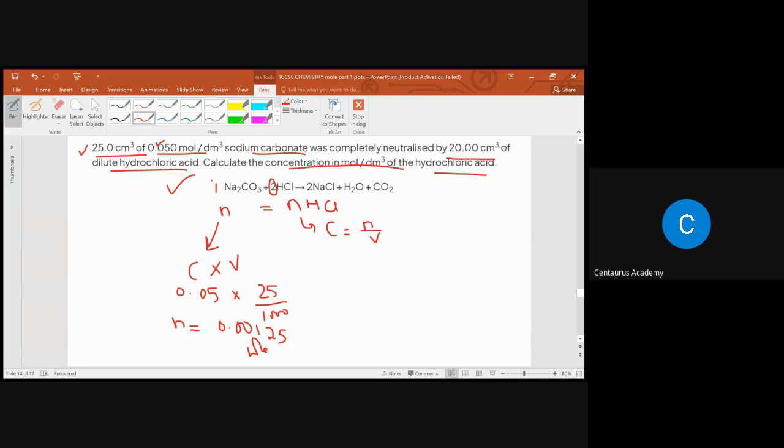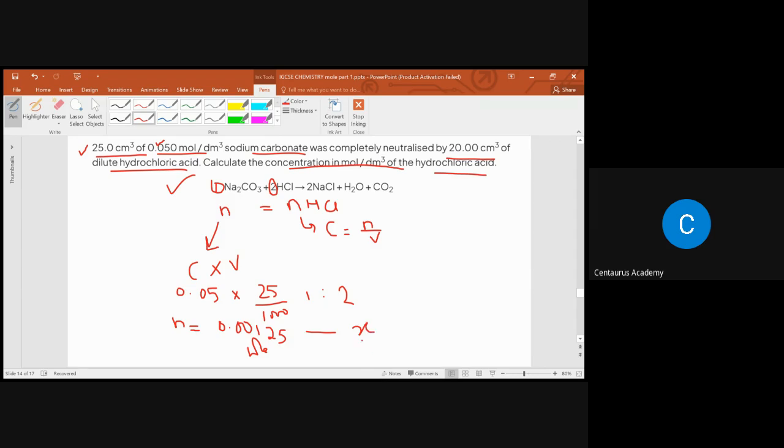So the molar ratio is 1:2. This means 1 mole of sodium carbonate reacts with 2 moles of hydrochloric acid. So if 0.00125 moles are already given to you, how much could be the amount of moles of hydrochloric acid?